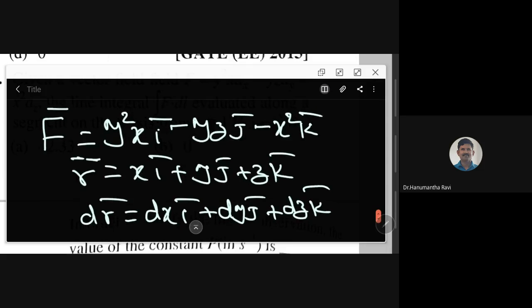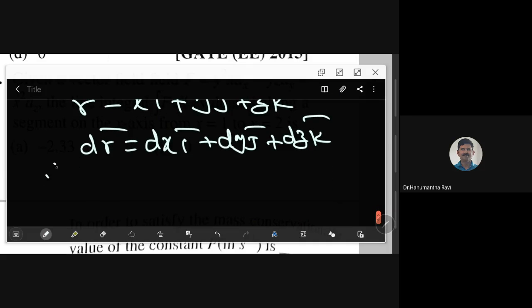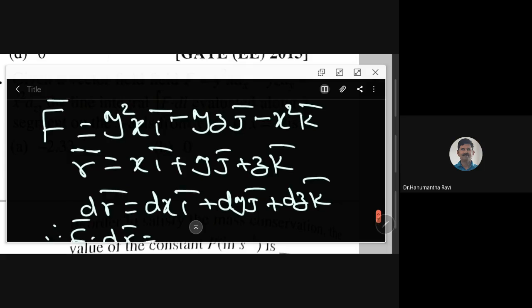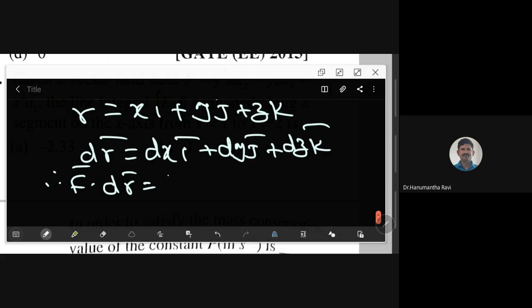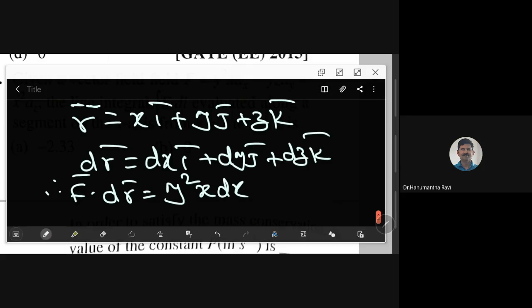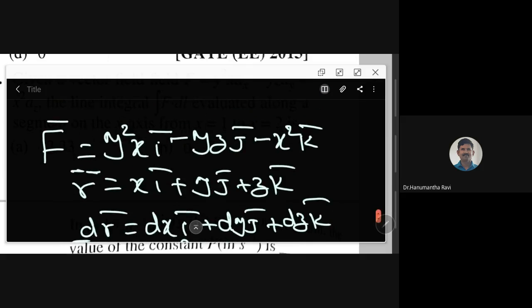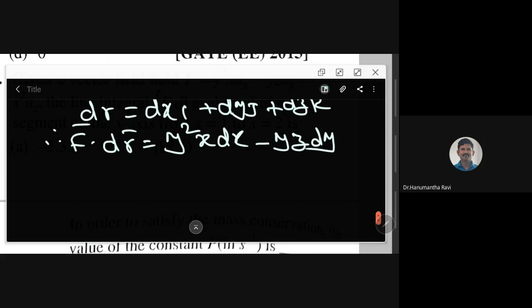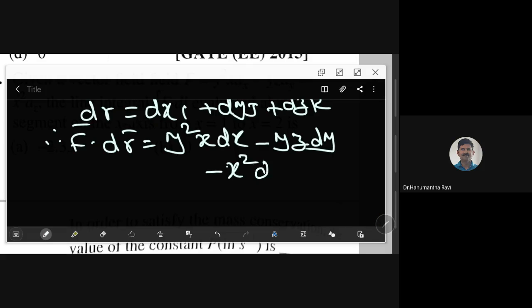Now f bar dot dr bar is y square x dx minus yz dy minus x square dz. So f bar dot dr bar is this.